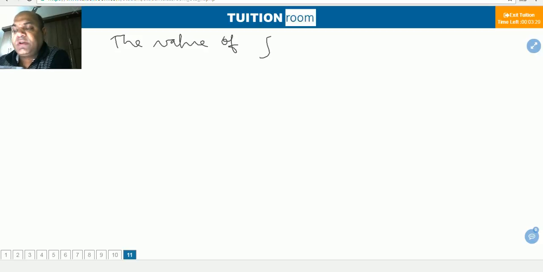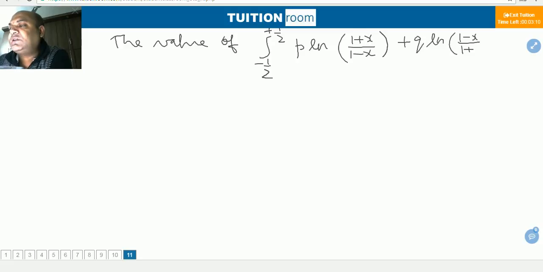Okay, now it's very simple, but before proceeding to the problem, I am going to tell you something. Let f(x) equal ln (log base e) of (1 plus x) by (1 minus x). If we find f(-x), replacing x by minus x, we get this.